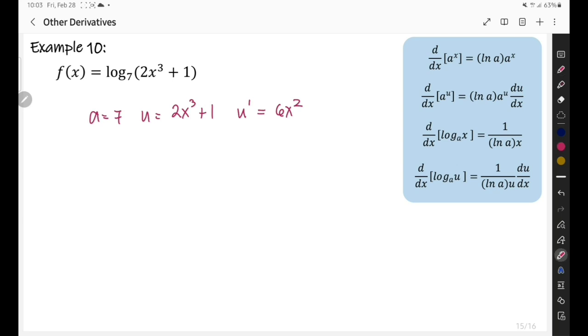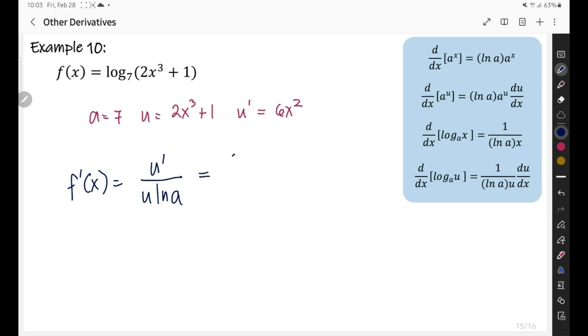So we will utilize this formula here. So f prime of x is equal to, I'll just rewrite it, u prime over u ln of a, right? That's the formula.